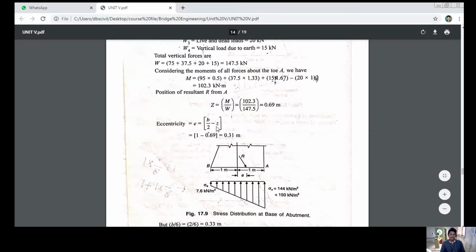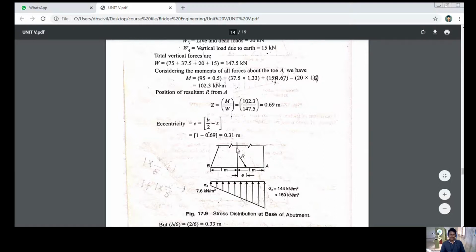B by 2, the base width by 2, we know already, is 1, minus z. The z value we have already calculated is 0.69, and subtracting both we get 0.31 meter.